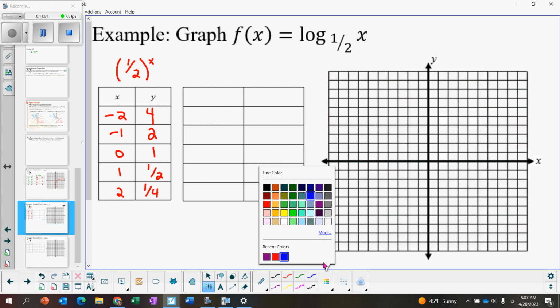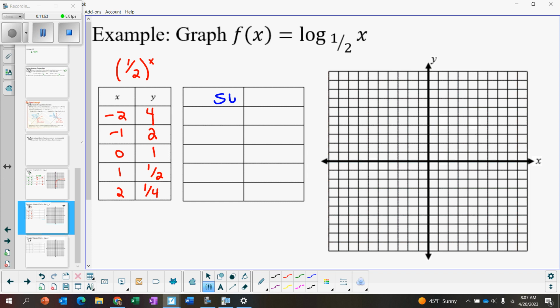And now we are going to swap. So we're going to have 4, 2, 1, 1/2, 1/4, negative 2, negative 1, 0, 1, 2. So we have 4, negative 2; 2, negative 1; 1, 0; 1/2, 1; and 1/4, 2.